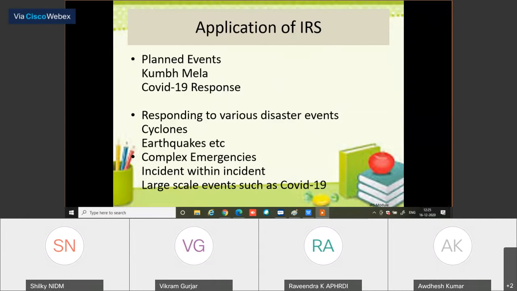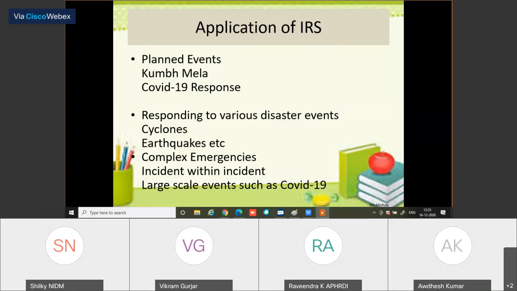So this IRS broadly refers to a management system that is required to be used for incidents of various kinds and sizes, such as any disaster situation like earthquakes, floods, cyclones, landslides, or even various emergencies caused by train accidents, epidemics, pandemics.